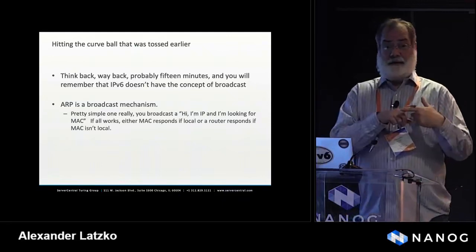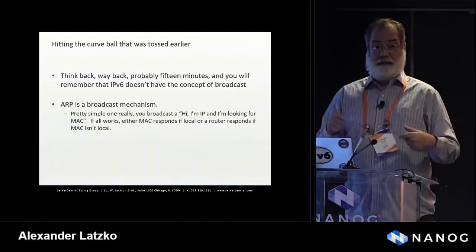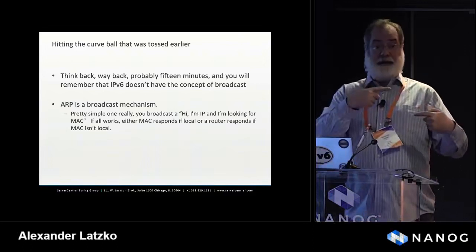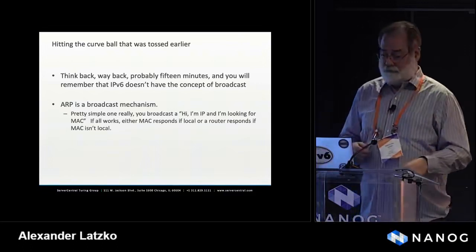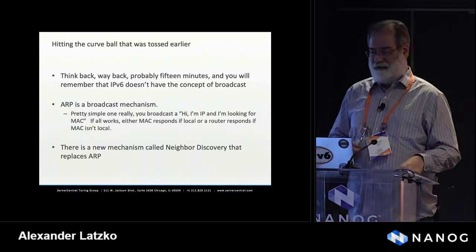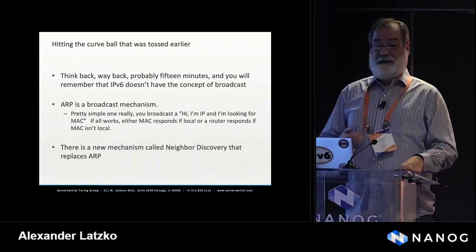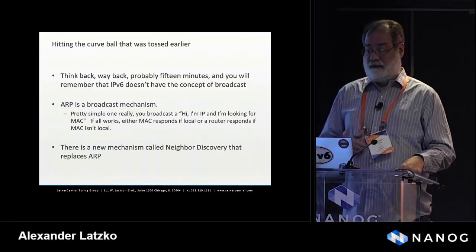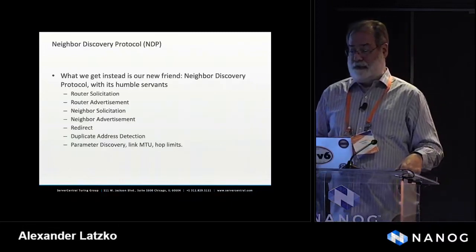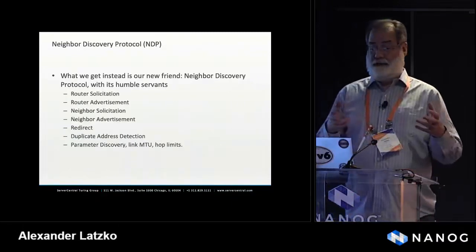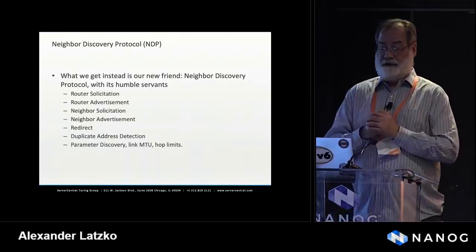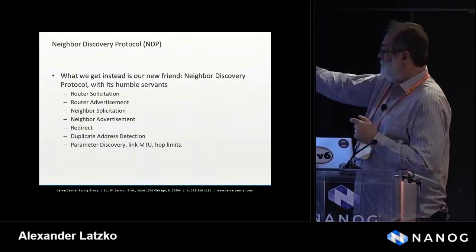It's one packet that says, who has, and the other packet coming back saying, yep, I've got it, you can talk to me now. V6 is a little bit more complex than that. It's a new mechanism, a layer 3 mechanism called neighbor discovery. And with neighbor discovery, we get its humble servants.